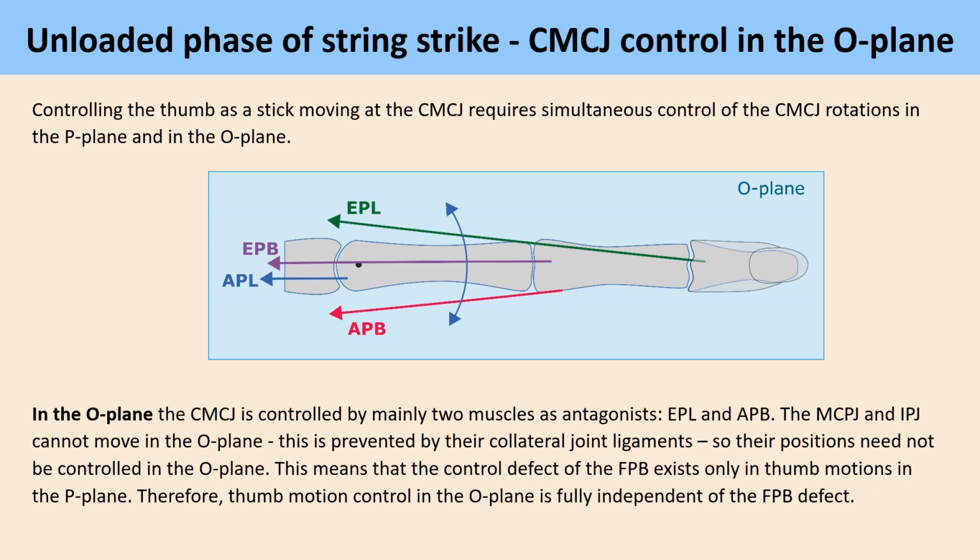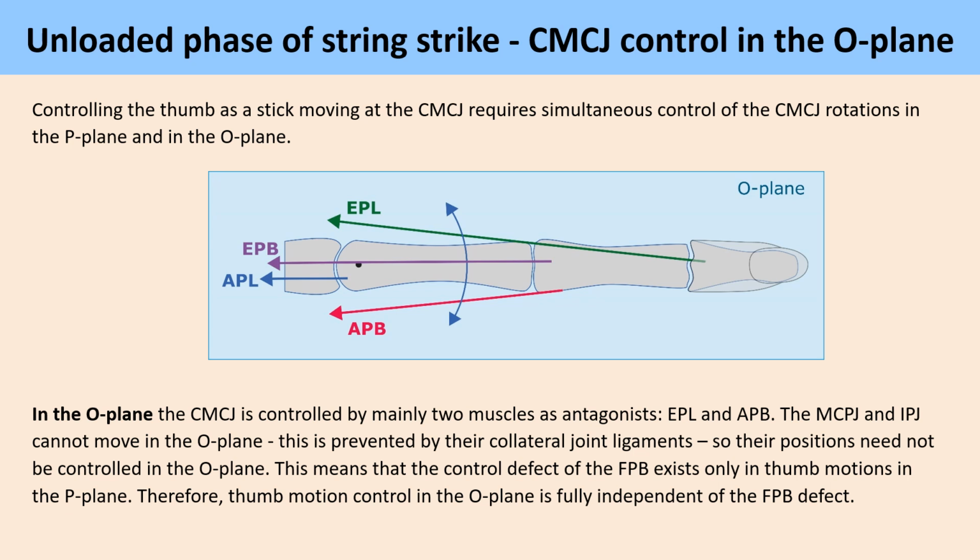Unloaded phase of string strike. CMC joint control in the O-plane. Controlling the thumb as a stick, moving at the CMC joint, requires simultaneous control of the CMC joint rotations in the P-plane and in the O-plane. In the O-plane, the CMC joint is controlled by mainly two muscles as antagonists, EPL and APB.